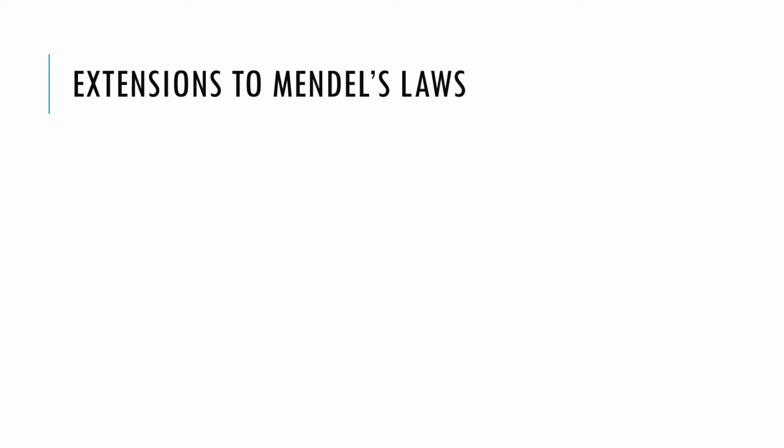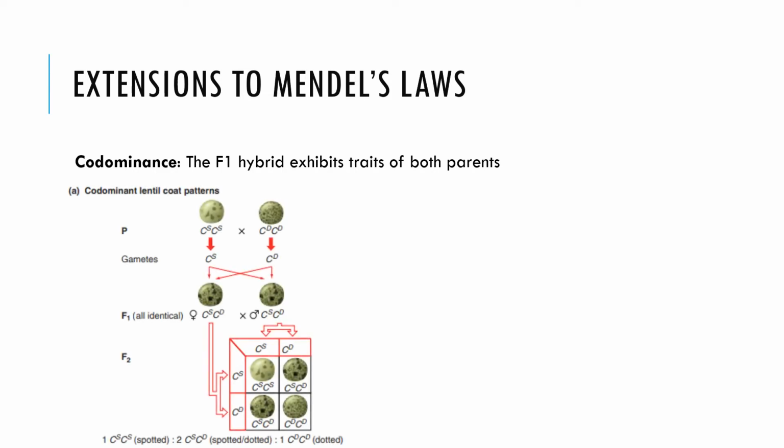Another extension to Mendel's laws is codominance. The first filial hybrid exhibits traits of both parents. A cross between pure breeding spotted lentils and pure breeding dotted lentils produces heterozygotes that are both spotted and dotted.